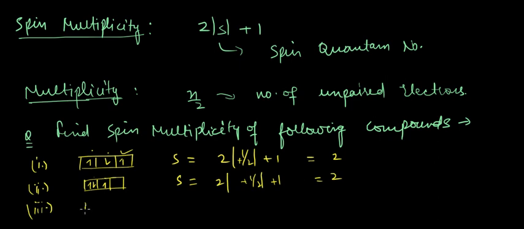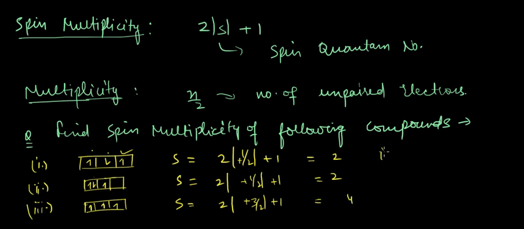Third, in this case, plus half plus half plus half would be plus 3 by 2, plus 1, that would be 4.